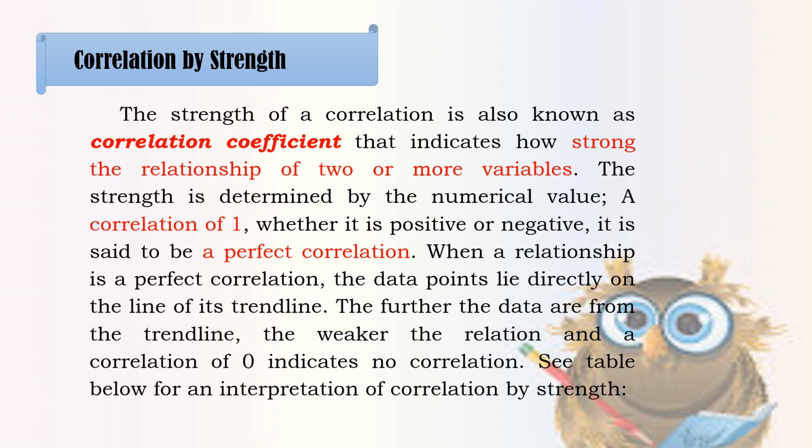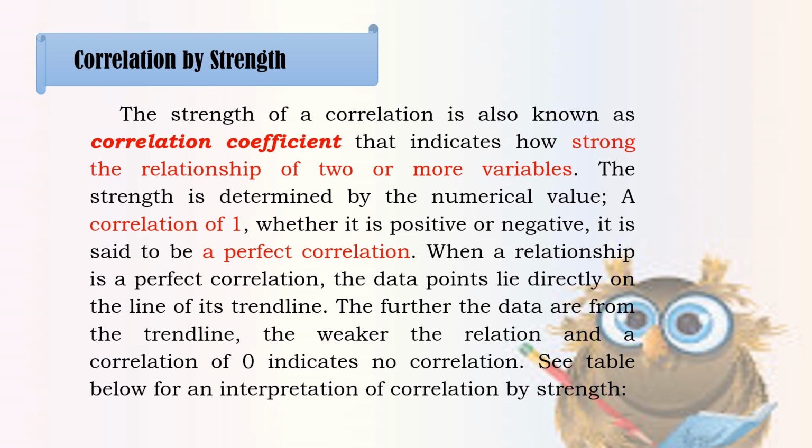When the relationship is a perfect correlation, the data points lie directly on the trend line. The further the data are from the trend line, the weaker the relationship, and a correlation of 0 indicates no correlation.